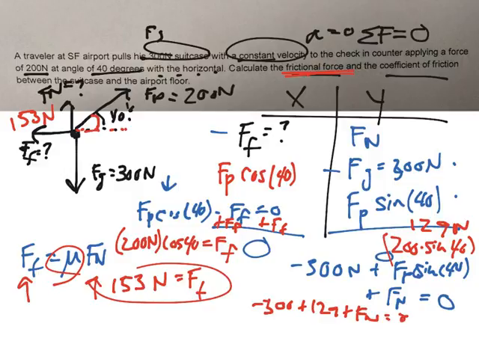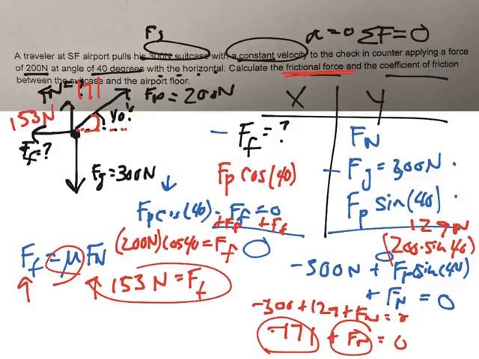So if we add this to negative 300, we get negative 171 plus Fn equals 0, so we know that Fn has to be a positive 171.